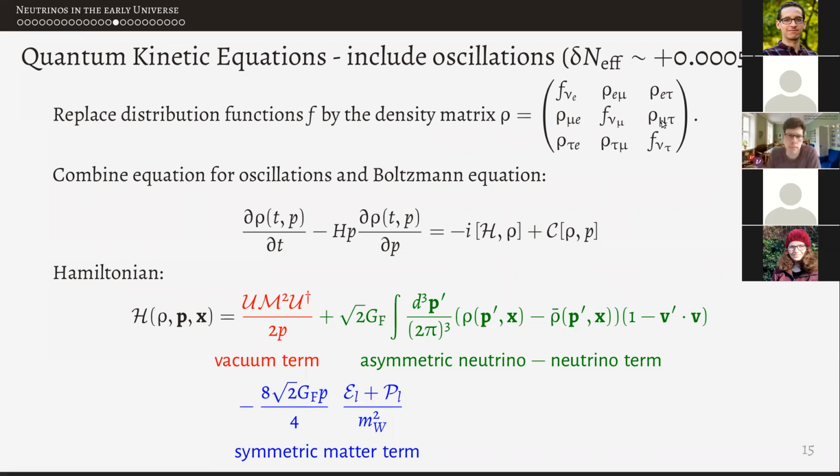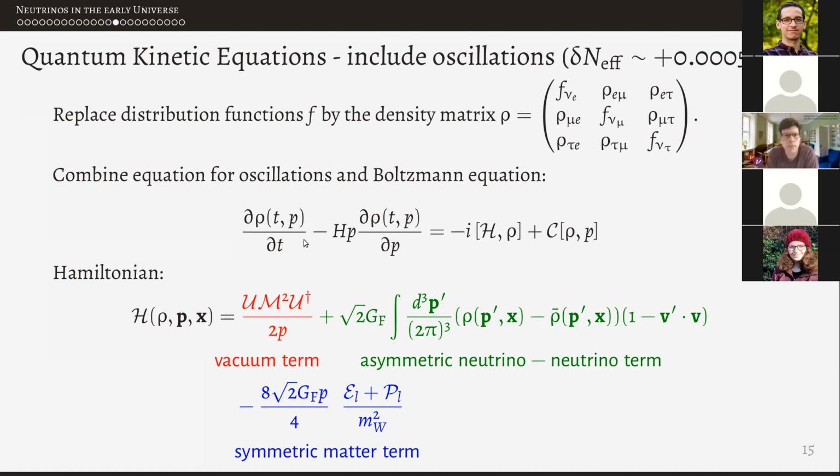But then on the off diagonal, we have these coherence terms that describe how large the overlap between different flavors is. So when we want to account for this in our equation, we need to combine the equations for oscillations that Shashank presented before with the Boltzmann equation.